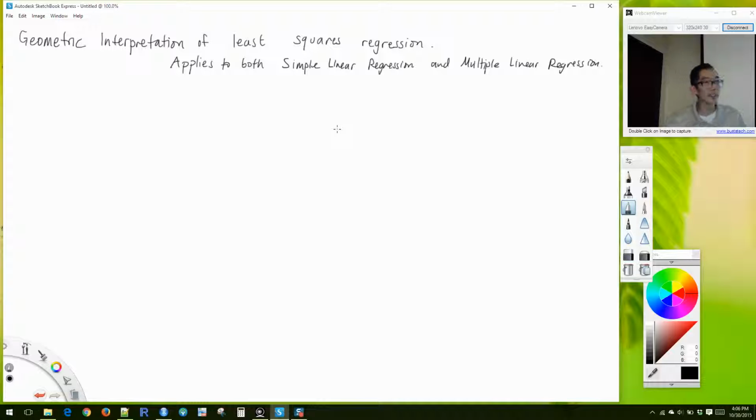try this out. I'm going to start off with the most simple case of least squares regression. Let's say we have two values of y.